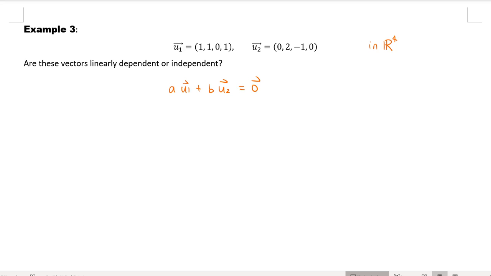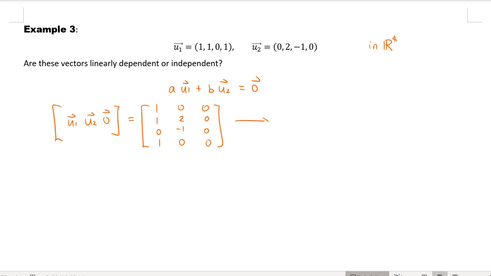This is the same as solving the augmented coefficient matrix u1, u2, and 0. u1 is 1, 1, 0, 1. u2 is 0, 2, minus 1, 0.